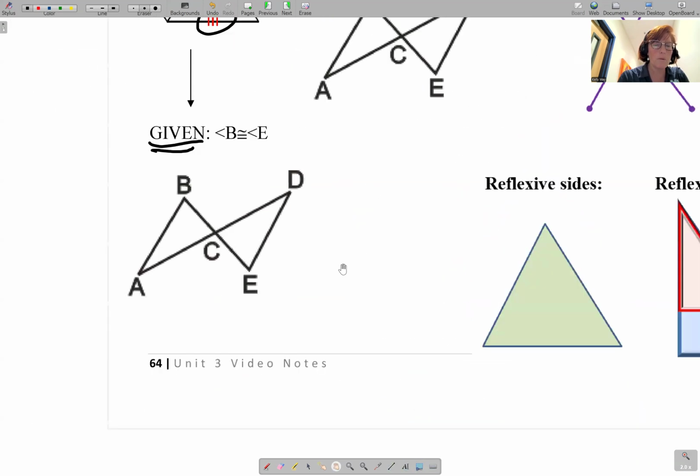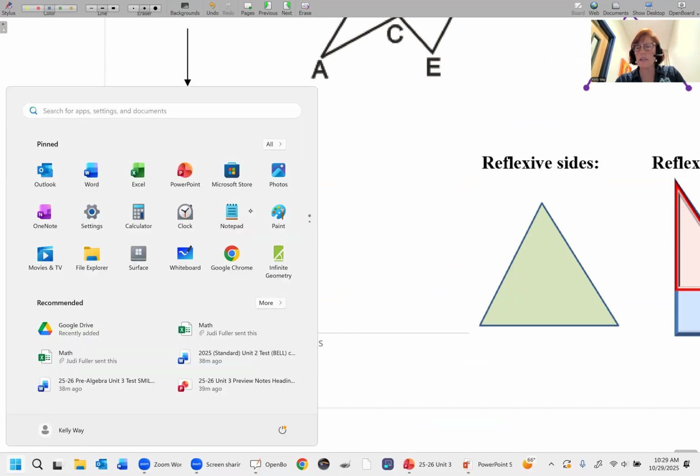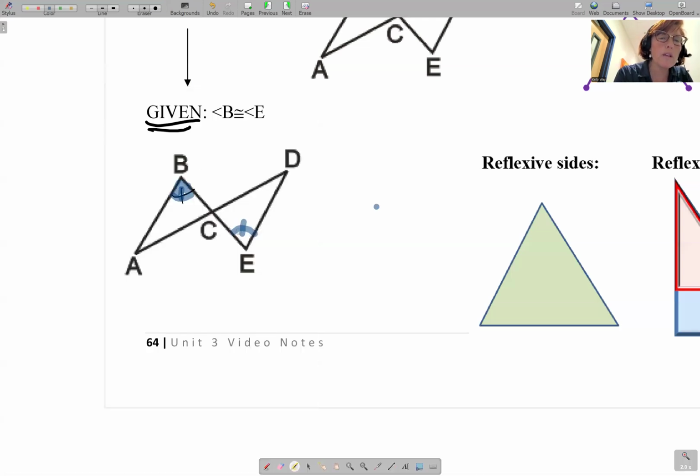So for example here, angle B and E are marked congruent because you're given it as a given piece of information. So that's an example of given.